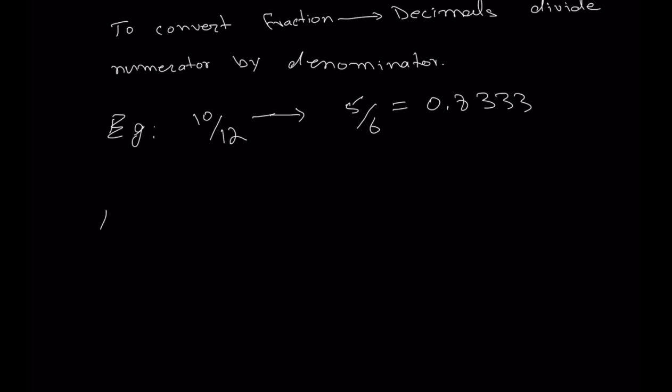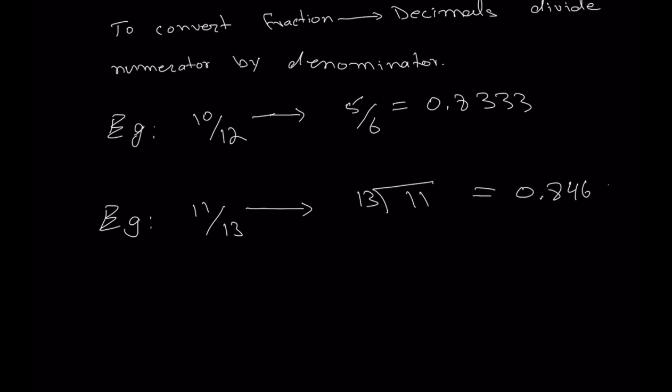Another example will be 11/13. Just divide 11 by 13. That will give us 0.84615. For 5/6, the 0.83 repeats.